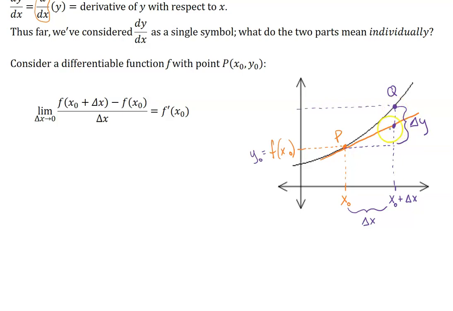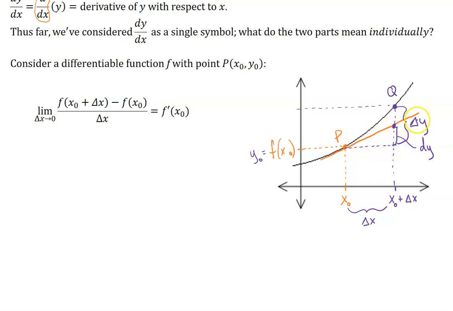Now some other notation here. This vertical distance right here is going to be notated as dy. dy means the differential of y. I'm going to write this down below, so you don't need to write that down yet. But dy is the differential of y, and it is the vertical change between these 2 points on the tangent line.